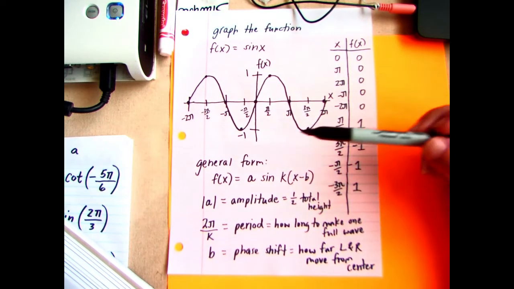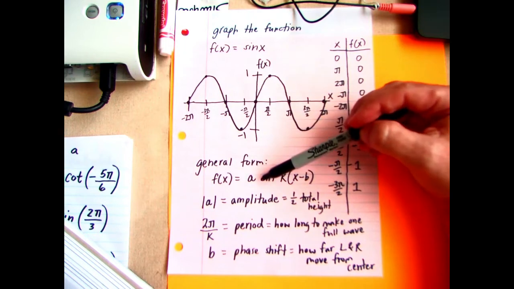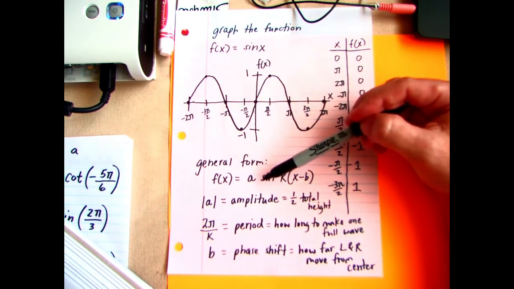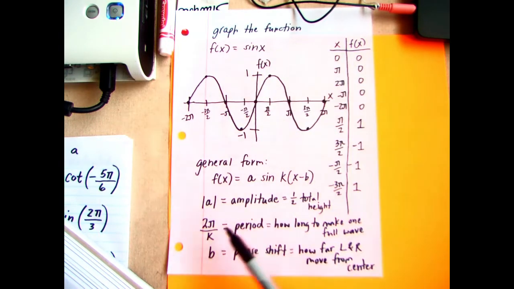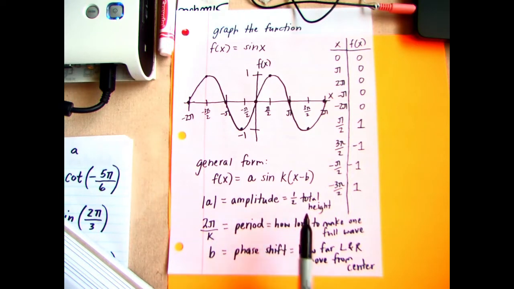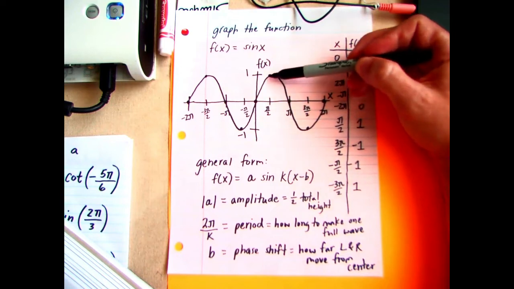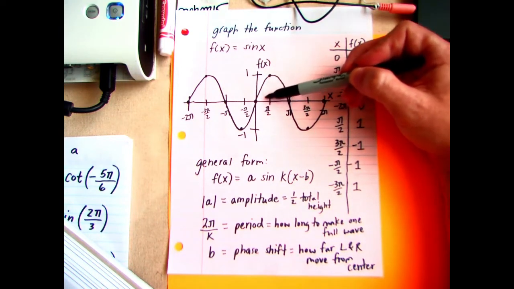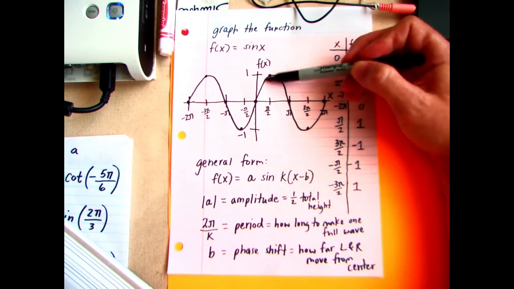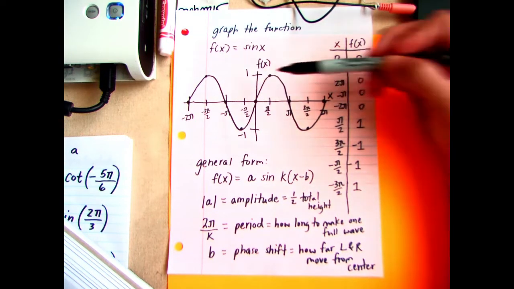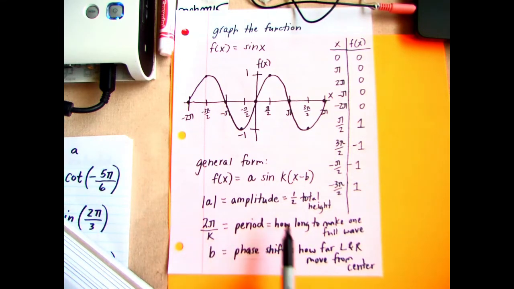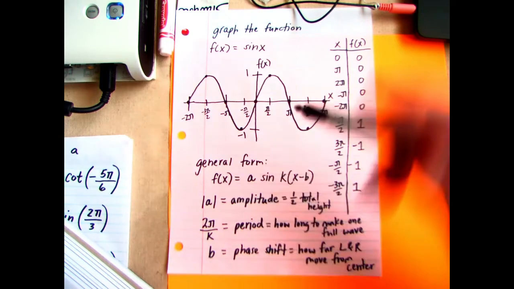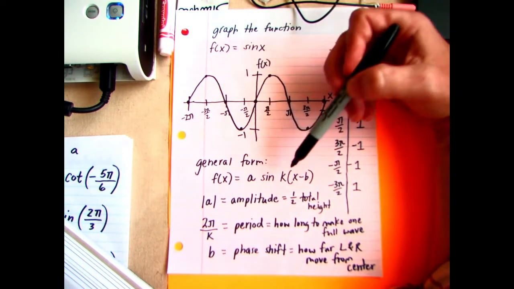So let's look at the one we did. In the graph we did together, a is 1, right? So that is half of the total height of the curve. If you go from the center to the top, or the center to the bottom, that distance is 1. The overall distance is 2. The period: in our problem that we did together, k is 1, right?